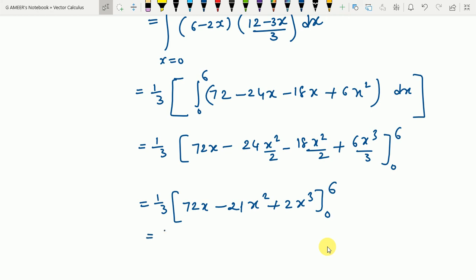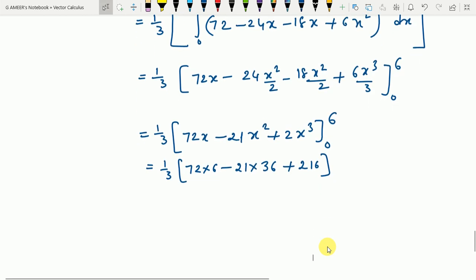Substituting the upper limit, here it is 72 into 6, here it is 21 into 36, and here it is 6 cube. 6 into 6 is 36, 36 into 6 is 216. When I simplify further, what do I get here?